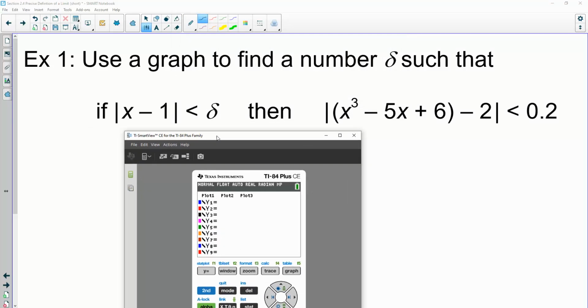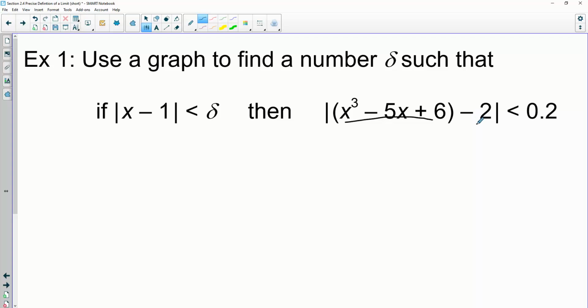Okay, so I'm going to go to my y equals here. I want to use a graph to find a number delta so that if the distance between x and 1 is smaller than delta, then the distance between this function and 2 is less than 0.02. All right, so this is like a limit.